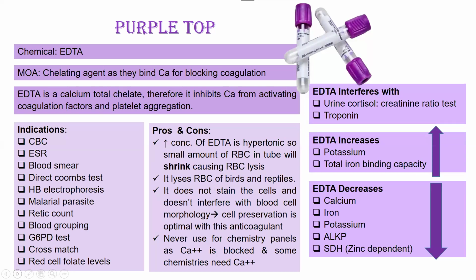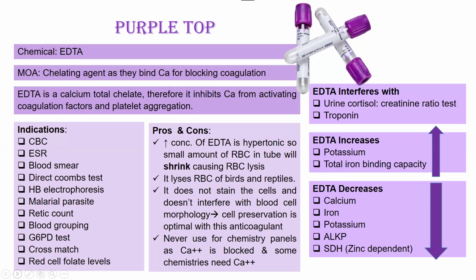So the chemicals that are present in each of these vacutainer tubes interact at different sites of those processes. So you should understand how hemostasis happens in those processes first.